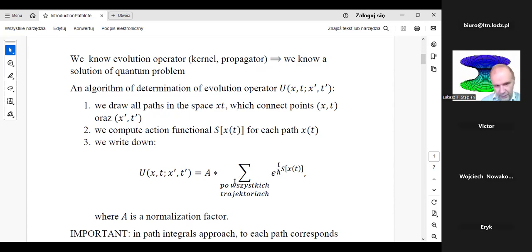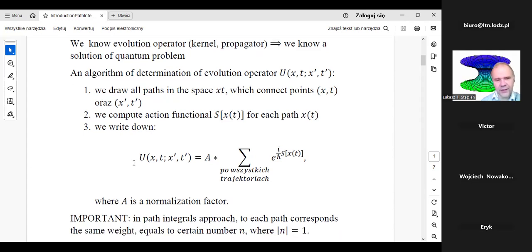Where A is a normalization factor, and this is very important: in the path integrals approach, some weight is assigned to each path, a weight which equals a certain number n, where the absolute value of n is equal to 1.